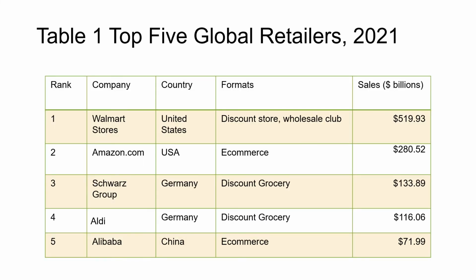Table 1 shows the top 5 global retailers for 2021: Walmart in first place, Amazon, Schwarz Group, Aldi, and Alibaba among the top 5 global retailers in 2021, with the country of origin, retail sales in billions.